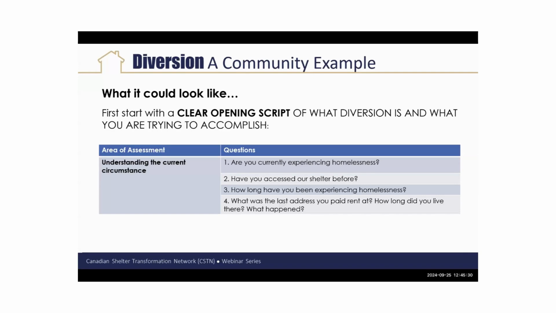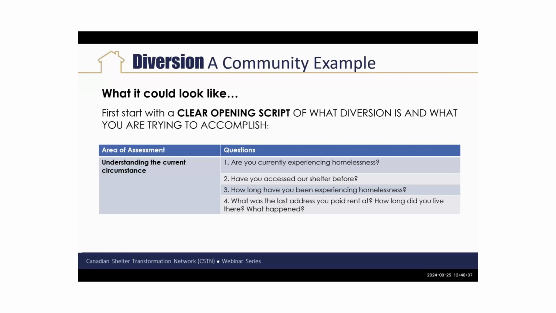So prior to an intake to shelter, we do a prevention and diversion questionnaire as people call or arrive at our door. The first thing is asking, are they currently experiencing homelessness? Not everybody trying to access shelter is experiencing homelessness. So the first is to find out whether or not they're homeless, if they've ever accessed a shelter bed before, and how long they have been experiencing homelessness.